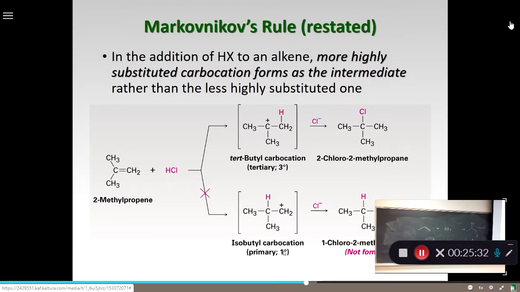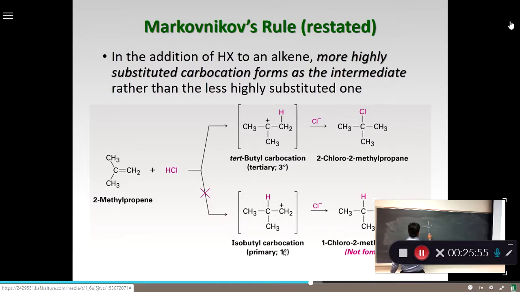Depending on the number of substituents you have on the carbocation, you can categorize them as either primary, secondary or tertiary. So here is your carbon that contains the positive charge. This carbon can have 3 additional bonds, right?